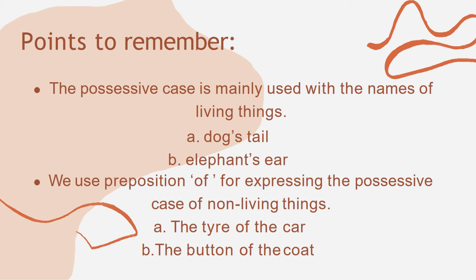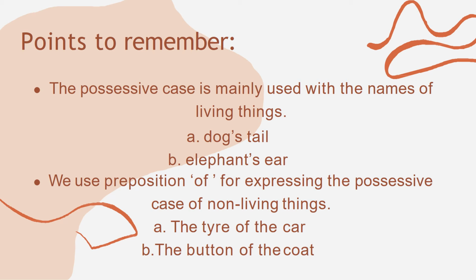The tire. But since it is non-living, we will not say the car's tire. We will say the tire of the car. Of as a preposition will be added to explain the possession.